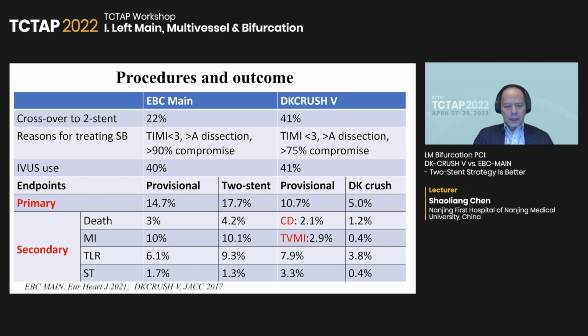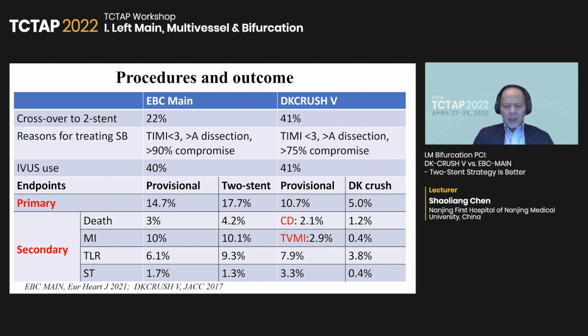Again, from the table, let's go to the TLR rate, which was 6.1% after provisional and 7.9% after provisional from the DK-5 study. Here I'd like to say our Chinese colleagues are very familiar with the provisional rather than the DK-5 technique.